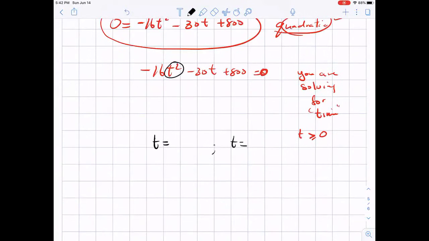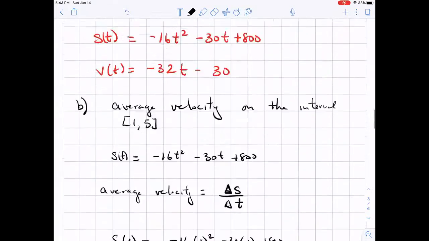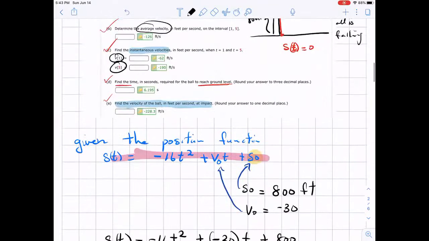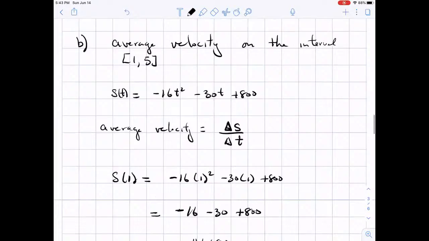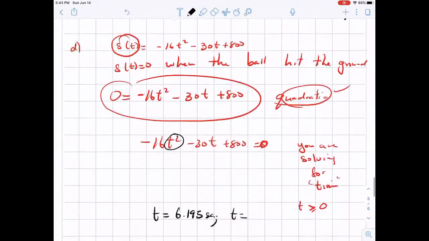The valid value of t should be 6.195 seconds, rounded to 3 decimal places. Now for part E, find the velocity.